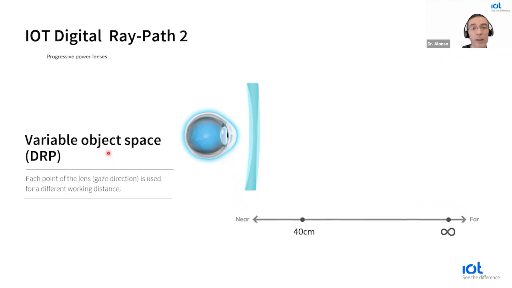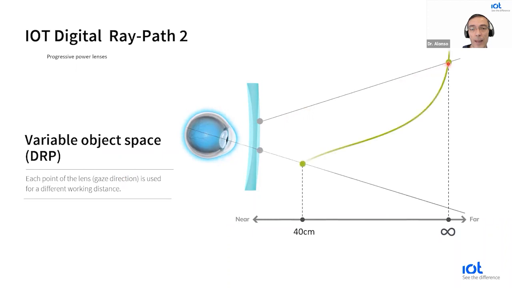For progressive lenses, we typically use a variable object space in which the assumed distance of the object changes with the gaze, but still for any gaze, we have a unique object distance. This is what digital ray path has been doing all this time.